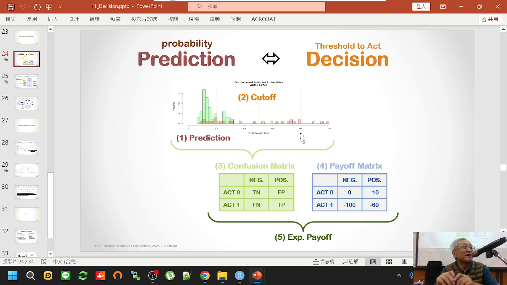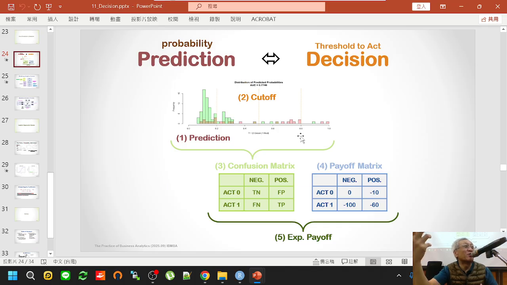As I mentioned several times before, when our target variable is a binary variable, for example poor care or good care, in our data, in our observation, we only know that the target variable poor care has two values: 0 and 1, true or false, yes or no. Now, the model does not predict 0 or 1. What does the model predict?